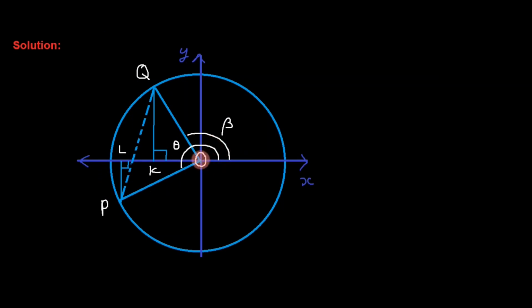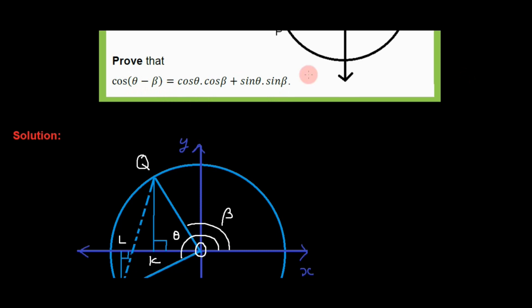Now, important to note that beta is the angle that OQ makes anticlockwise with the positive x-axis, and theta is the angle that OP makes anticlockwise with the positive x-axis. We need to prove the cos expansion for theta minus beta.